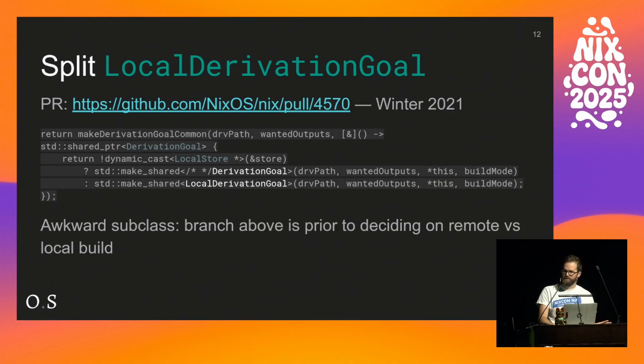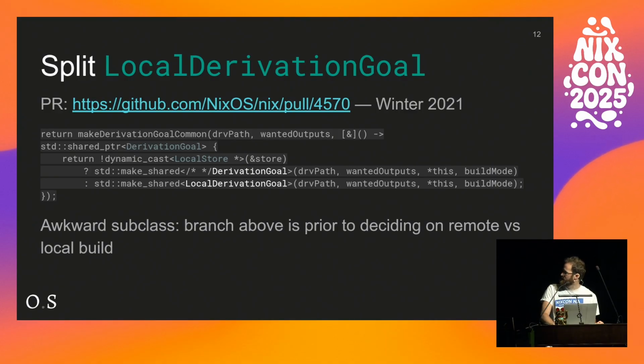And the reason for this sort of awkward division of labor, beyond just kind of expedience, is right here, which is a bit of code from worker. You can see it's picking which one to use, but this decision is happening before the decision of whether we want to build locally or remotely, which means that if we go with the local derivation goal, we might later want to decide to use the build hook mechanism after all, and that's why we have to keep that code path around.